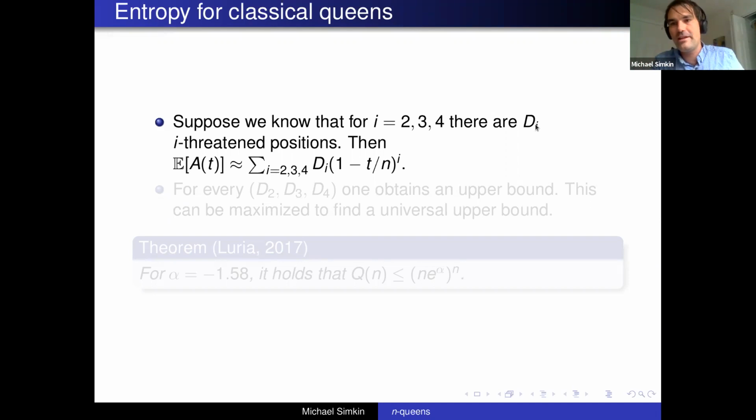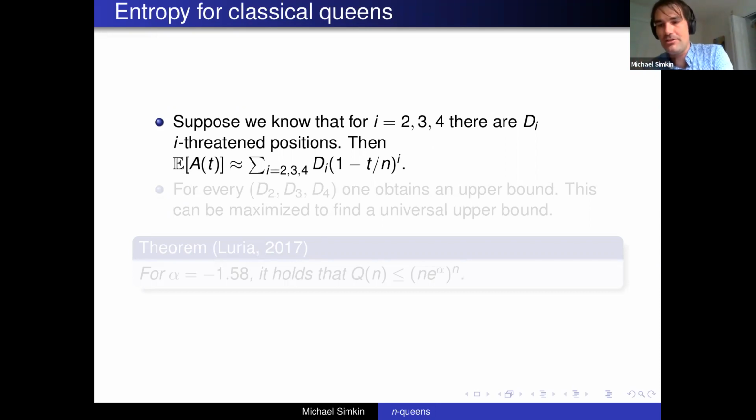Then you could make a similar calculation. If I know that this is the case, then the expected number of available positions after t steps of the process is something I could calculate. It would be some formula depending on these Di's. Now the problem is that we don't know a priori what these Di's should be.